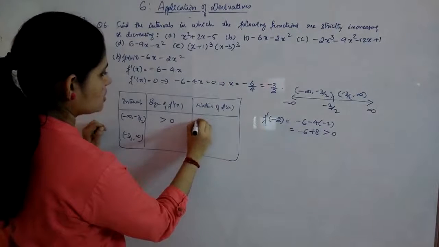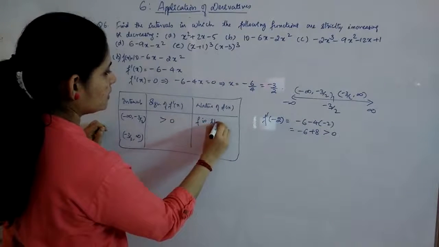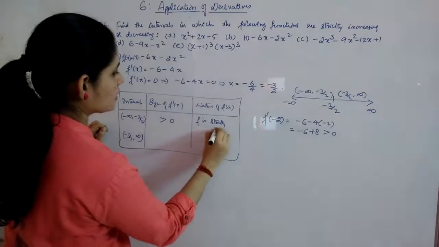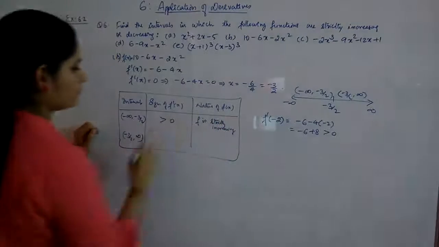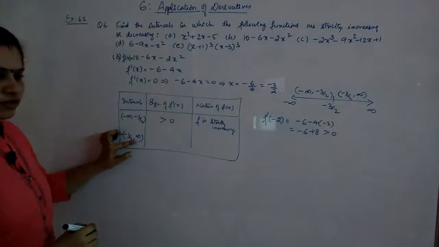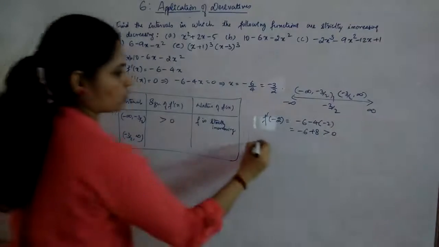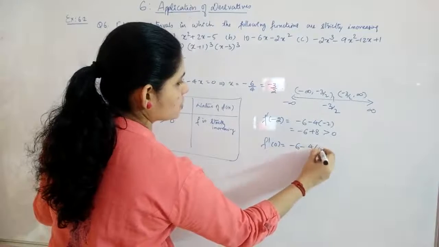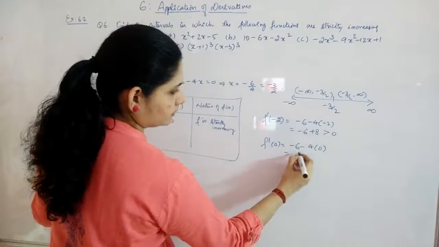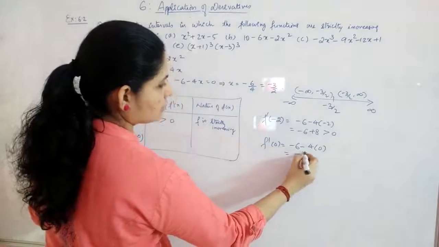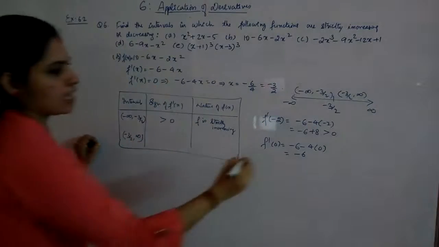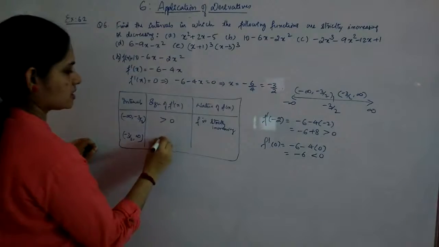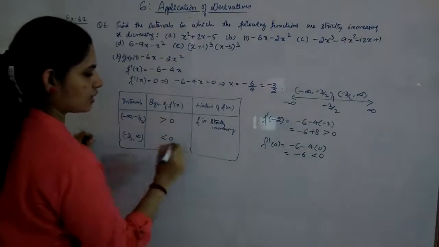So the function is strictly increasing. Now for minus 3 by 2 to infinity, take some value, suppose 0. So f dash of 0 will be minus 6 minus 4 into 0, which gives minus 6, less than 0. So you can say that the sign is less than 0, or negative.